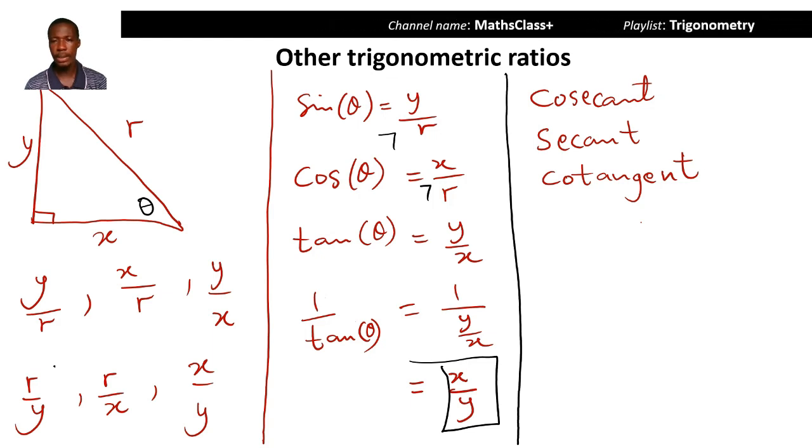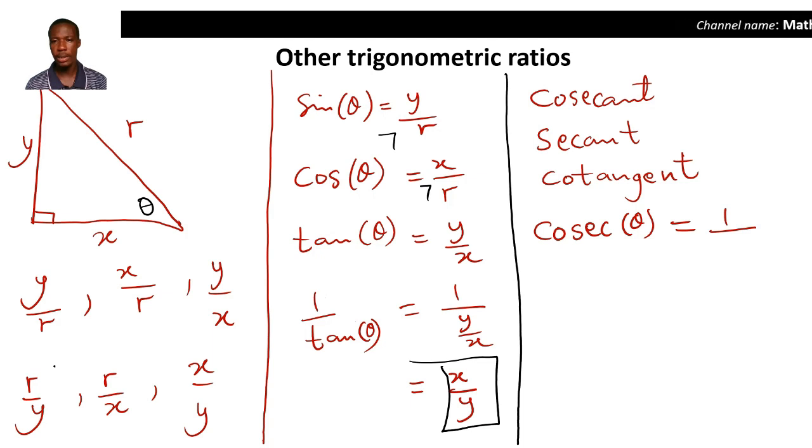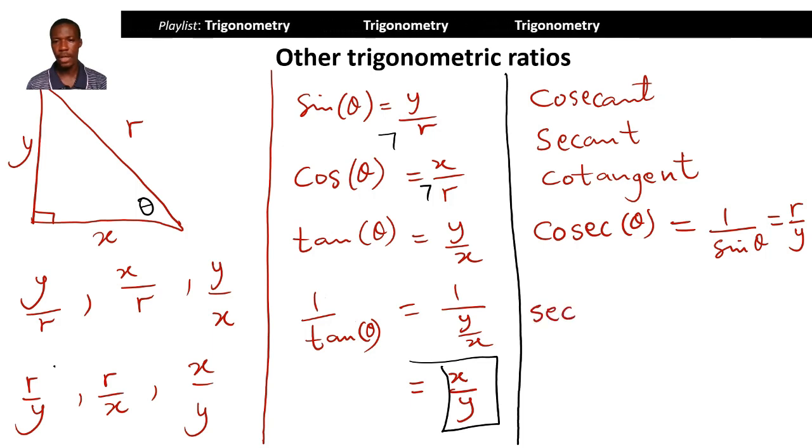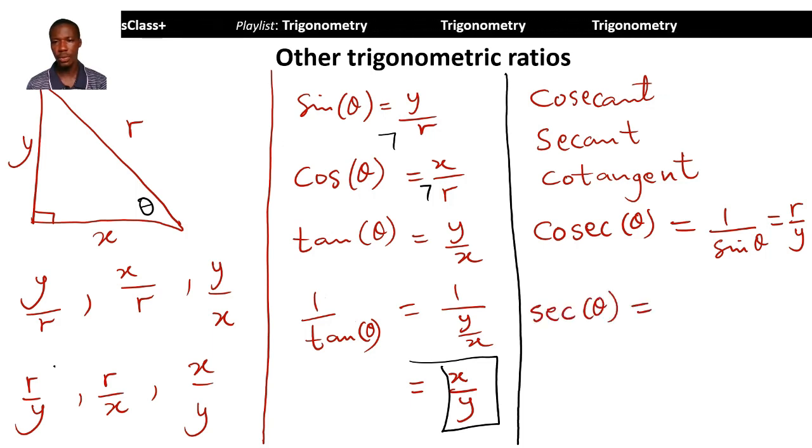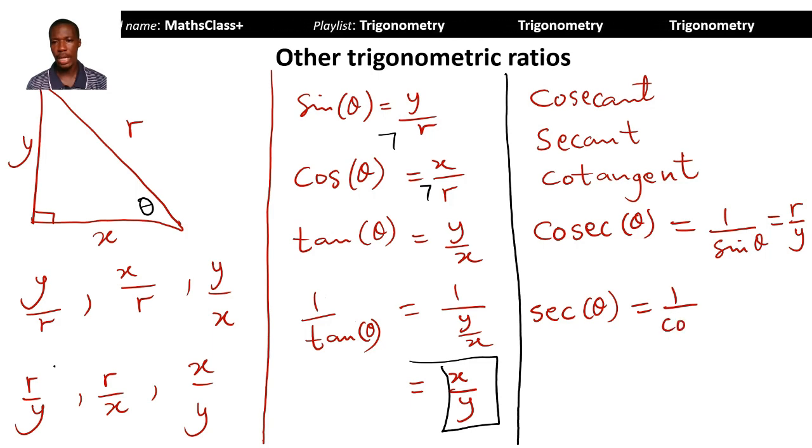Now cosecant, which is shortened as cosec of the angle, is equal to 1 over sine theta, and that is going to give us r over y. Then the second one, secant, which is also shortened as sec of the angle theta, is also 1 over cosine theta.